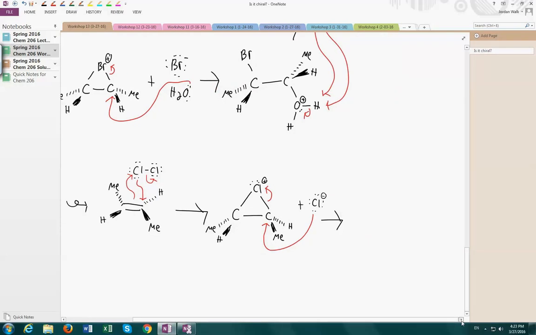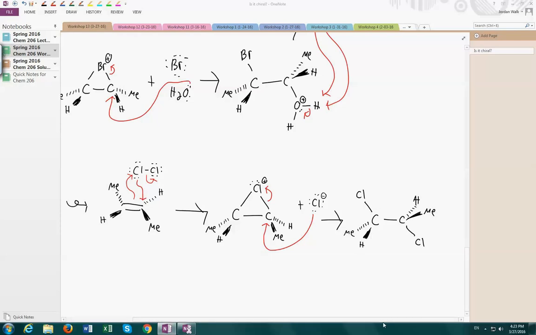If we're going to add into the right carbon, what's going to happen to those substituents? They're going to get pushed out, and so we end up with a hydrogen up, methyl up, a chlorine in the plane, chlorine, methyl, and hydrogen there.